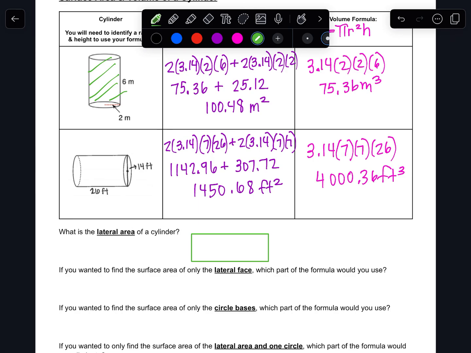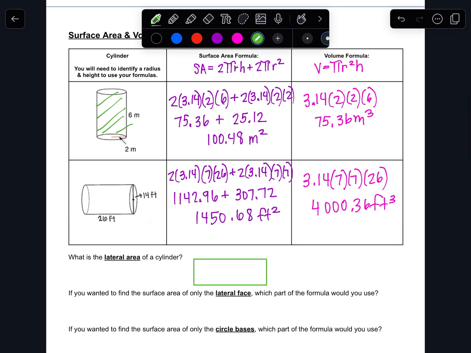If you wanted to find the surface area of only that lateral area or the lateral face, which part of the formula would you use? So you have 2 sides to this formula. If you look back up top, this 2 pi r squared, that looks a lot like the area of a circle, except on a cylinder, we have 2 circles.